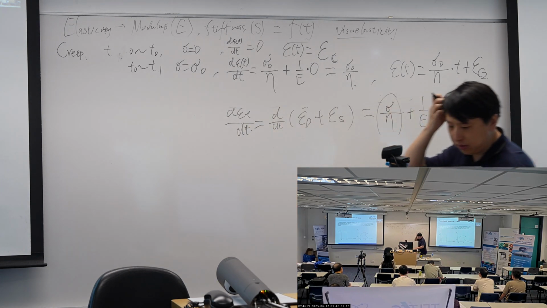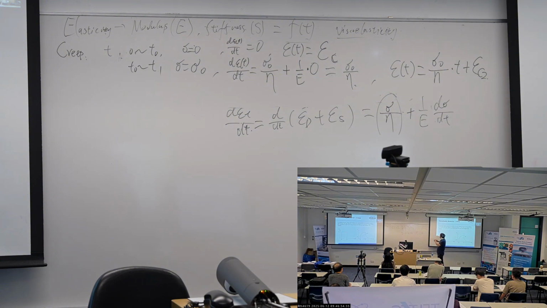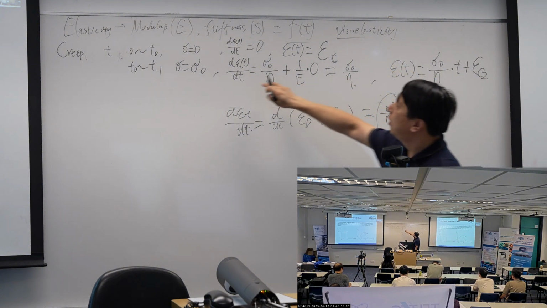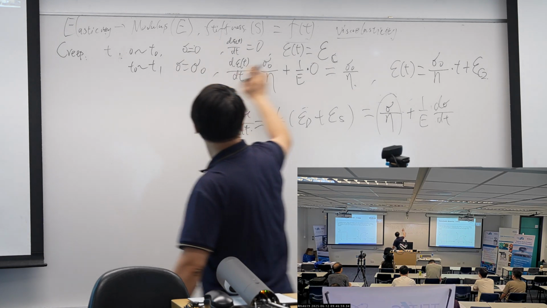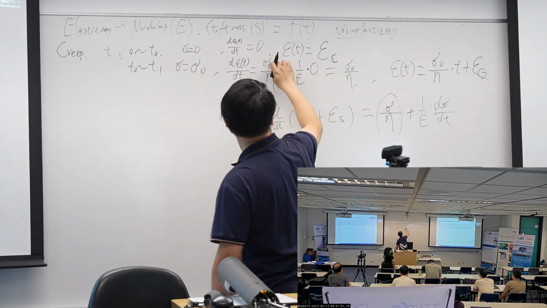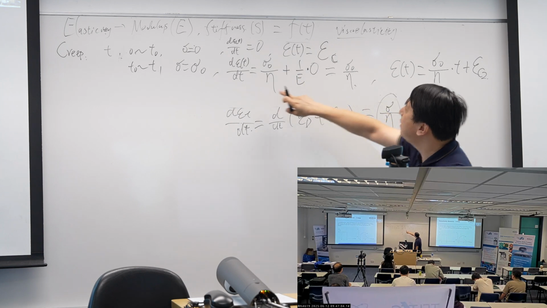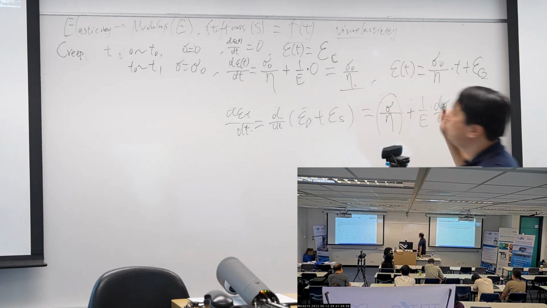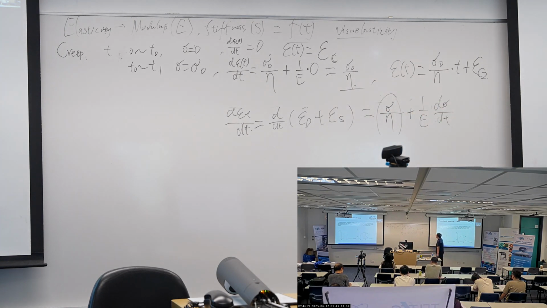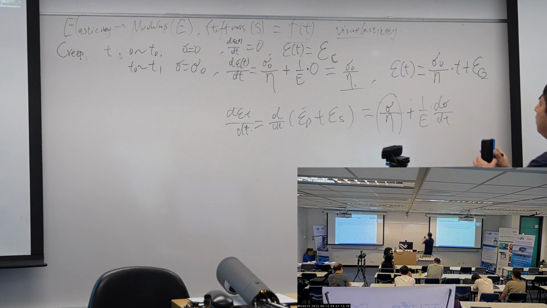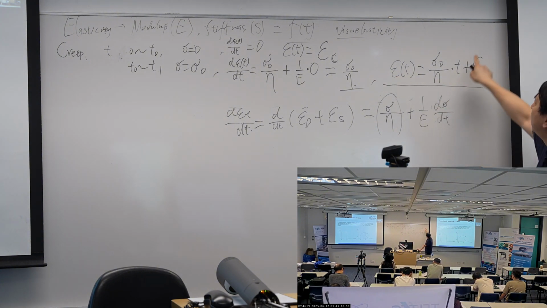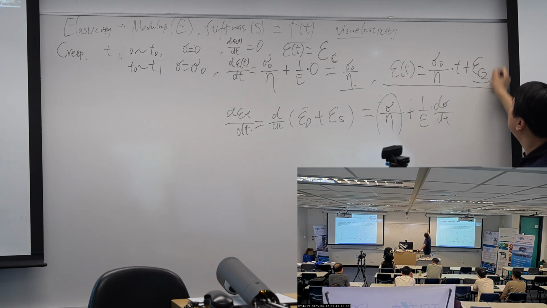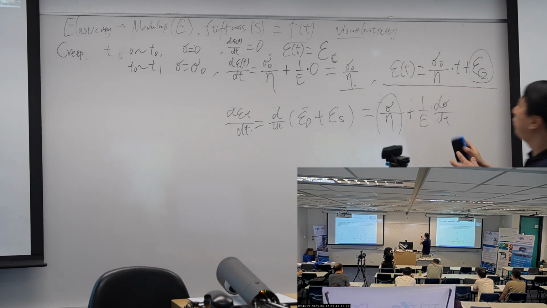Yeah, something like this. The force is constantly at sigma 0, and we put it in, and d sigma over dt should be 0, and the final result is sigma 0 divided by eta. And then we can solve out that epsilon is a function of time plus a certain value, and this certain value we need to solve out.